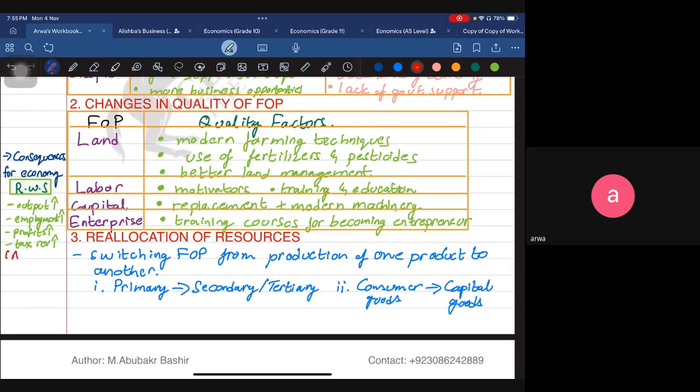Exactly. So higher aggregate demand might lead to inflation, right? So this could be one of the drawbacks to this. Now we are going to talk all about the leftward shift, so how the economy is going to be affected by the leftward shift.